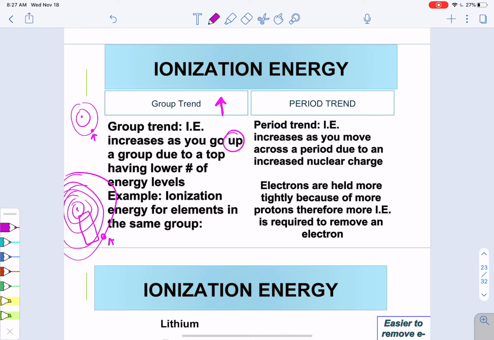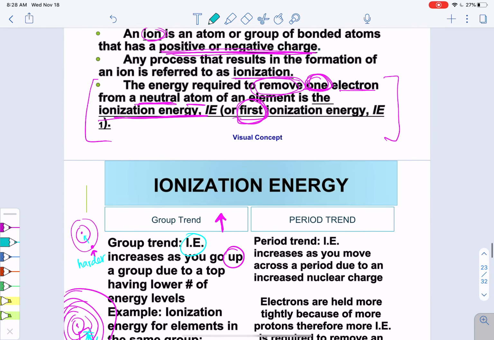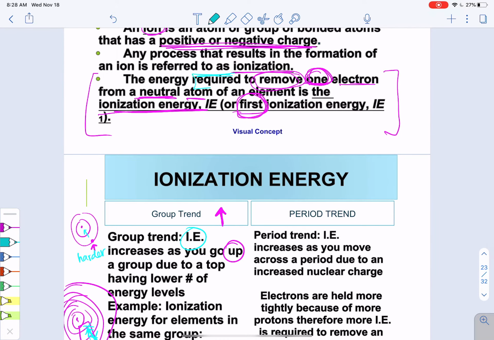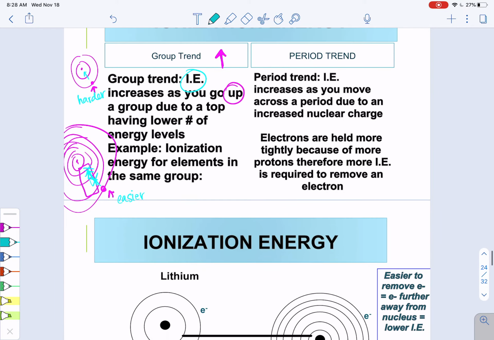The protons are trying their best to pull on this electron, but they have all this shielding in the way. Whereas over here, it's a lot closer, there's a lot less shielding. So it is harder to remove that electron, easier to remove this one. So the ionization energy is the energy required to remove that electron. So it is easier at the bottom, harder to remove at the top.